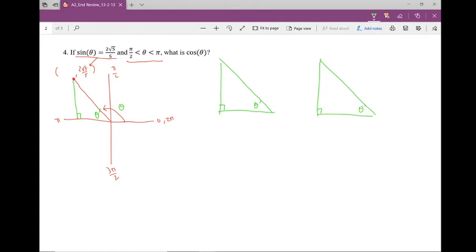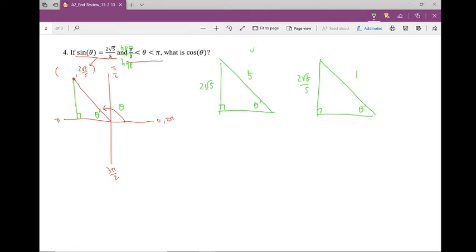Since sine represents opposite over hypotenuse, you could say that in one triangle, the hypotenuse is 5 and the opposite side is 2 square root of 5. And you might be saying, Mr. An, you said the radius had to be 1 for a unit circle, and you could do that.